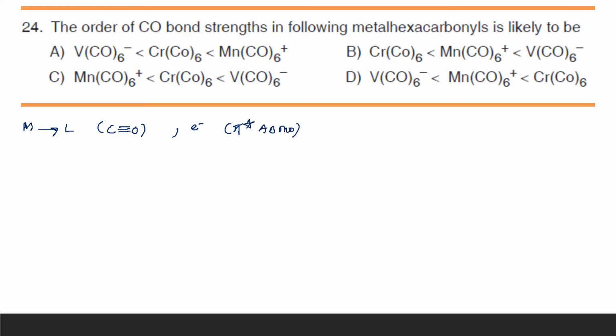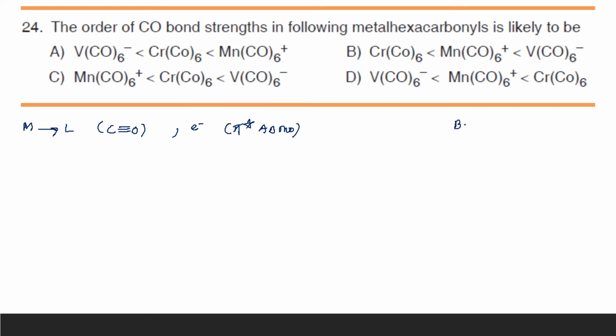When the number of electrons in the antibonding orbital is higher, then the bond order is found to decrease.